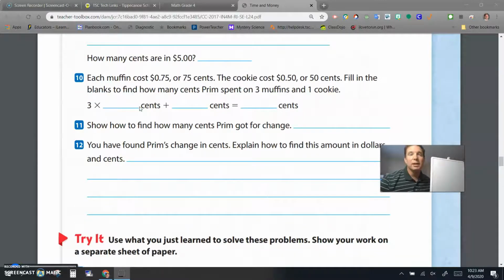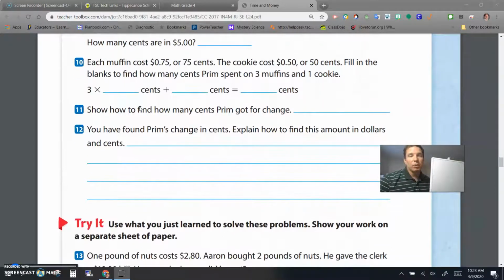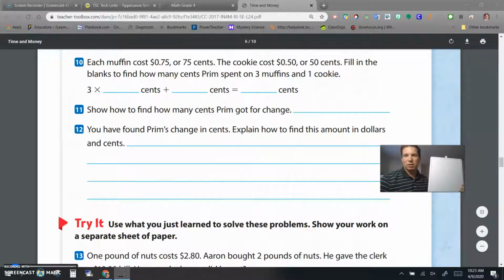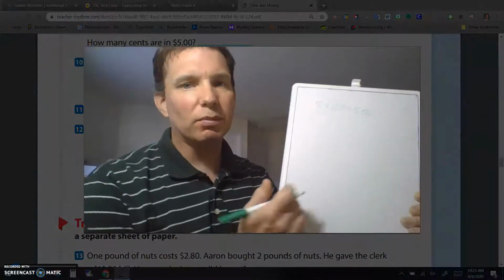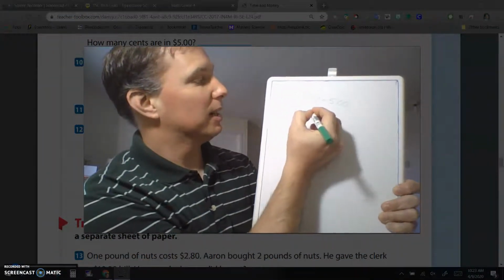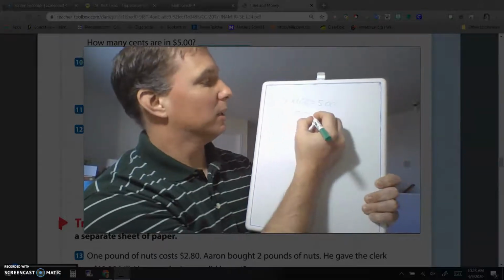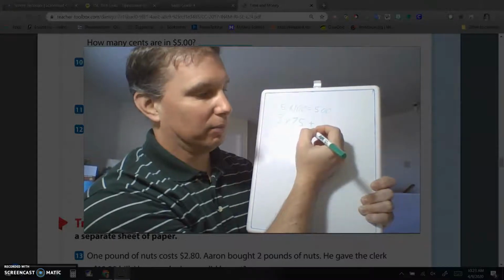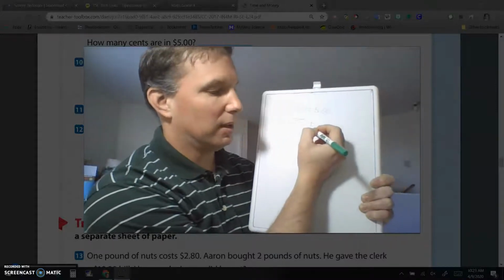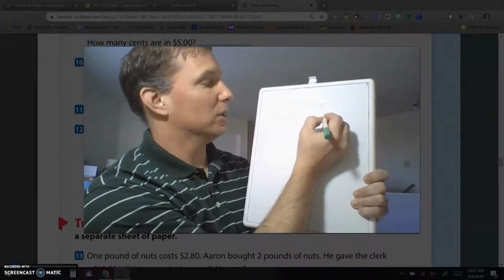Now number 10. Each muffin costs 75 cents. The cookie 50 cents. Fill out the blanks. So we have 3 muffins for 75 cents. So that should be 3 times 75, that's your first blank, cents, plus 50 cents, because we have that cookie.